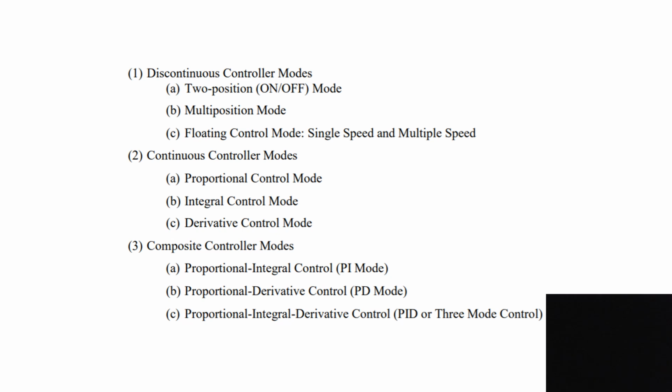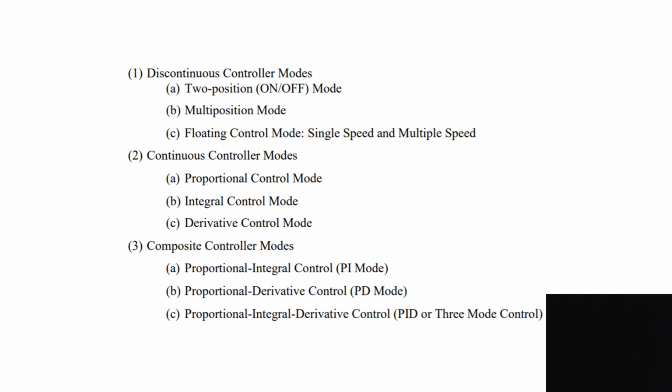Under continuous mode you have proportional, integral and derivative control. Under composite mode we have two-mode and three-mode: under two-mode you have PI and PD, and under three-mode you have PID. PI stands for proportional plus integral, and PD stands for proportional plus derivative control mode. Today's session we are going to explore the discontinuous control modes.